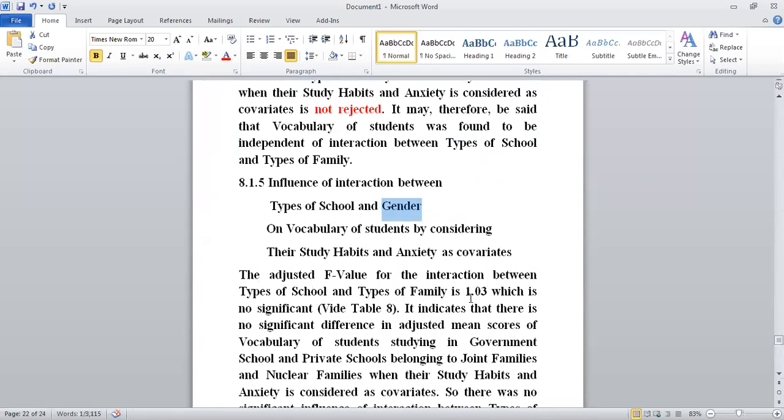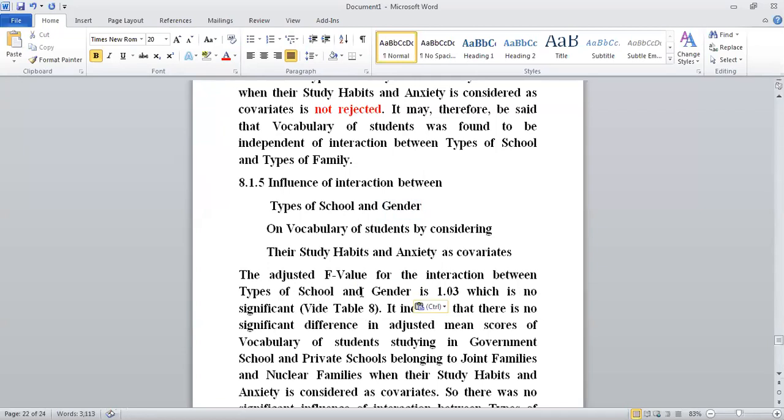The adjusted F value for interaction between types of school and gender is 0.26, which is not significant. Fine, there is no significant.